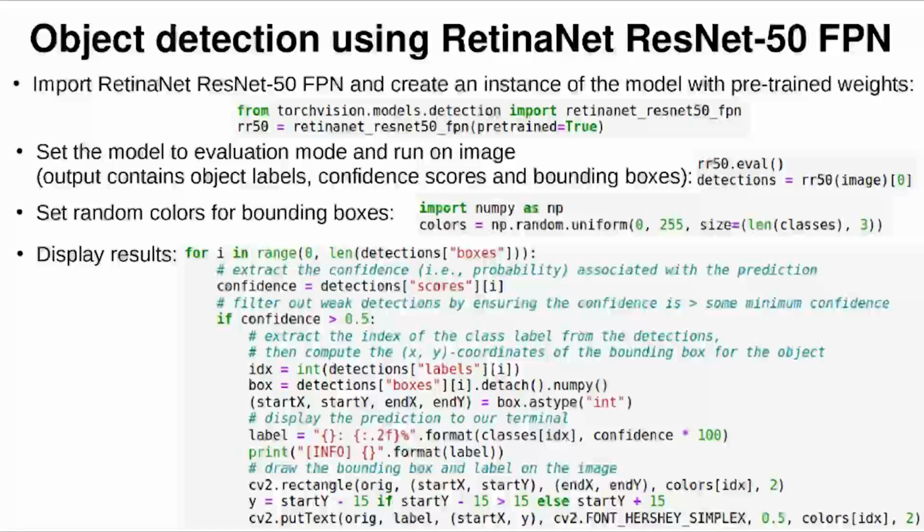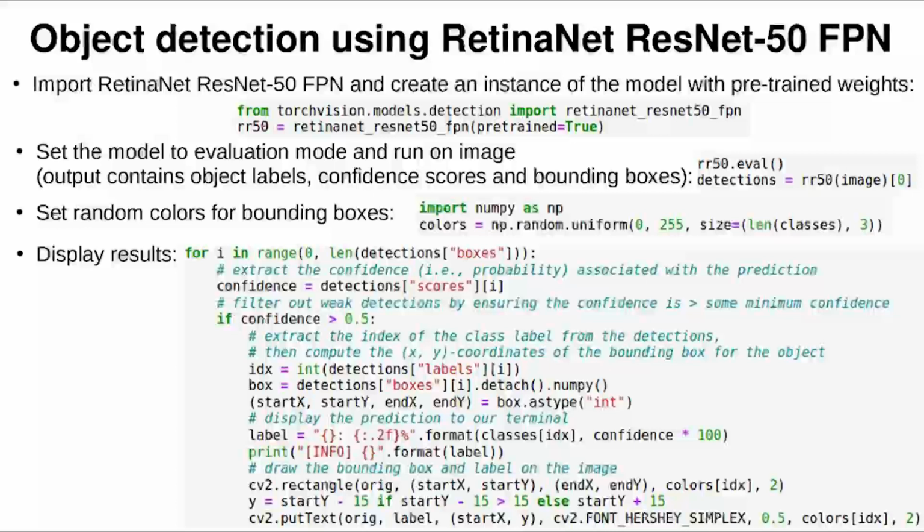When we set the model to evaluation mode and run it on the image of the yellow lab that we imported and pre-processed, the output of the model contains the category numbers in the COCO dataset for the identified objects, the bounding boxes for them, as well as the confidence levels associated with each prediction.